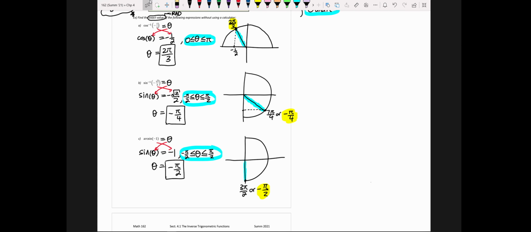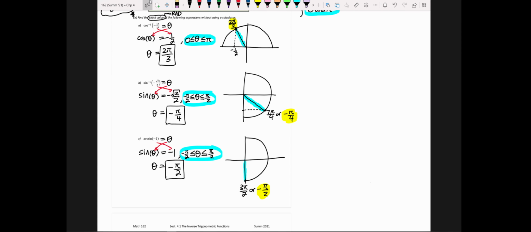In my graphing calculator, when I go second tangent, that gives me inverse tan. When I go second cosine, that gives me inverse cosine. Remember to go from arc secant to arc cosine, you reciprocate the input.